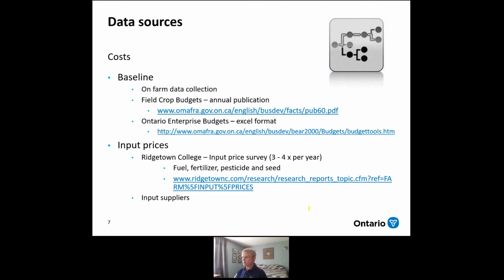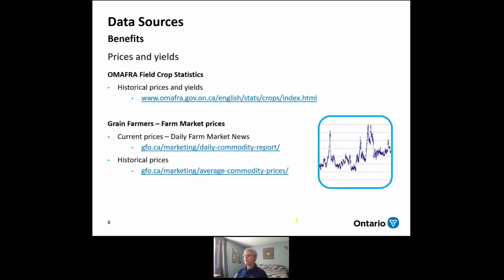There are many suppliers out there that are receptive to research projects and realize that data is needed, so they're receptive to providing input prices as long as anonymity is assured and their proprietary market information isn't divulged. They're fairly good about sharing that information, or can be.